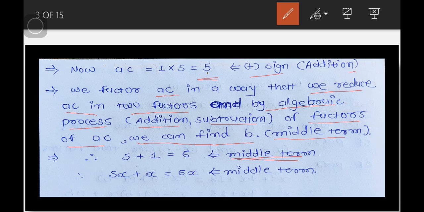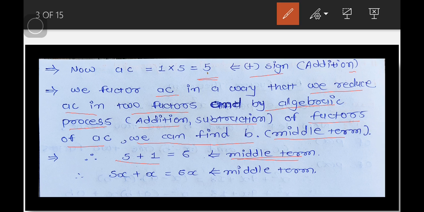Now we know that the factors of 5 are 5 and 1, and you can see here 5 plus 1 is equal to 6, and it is the coefficient of the middle term, because x square plus 6x plus 5 has the middle term 6x, and it is positive.